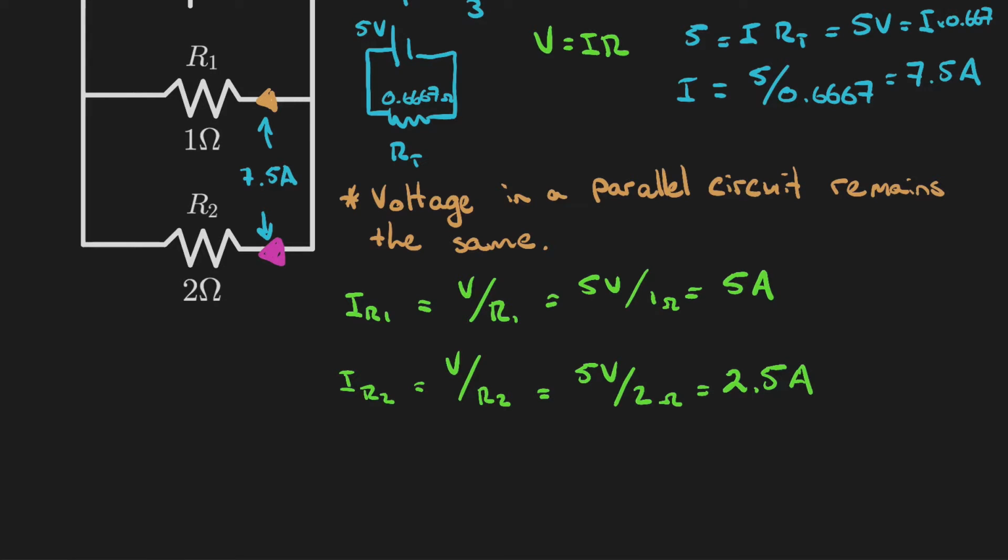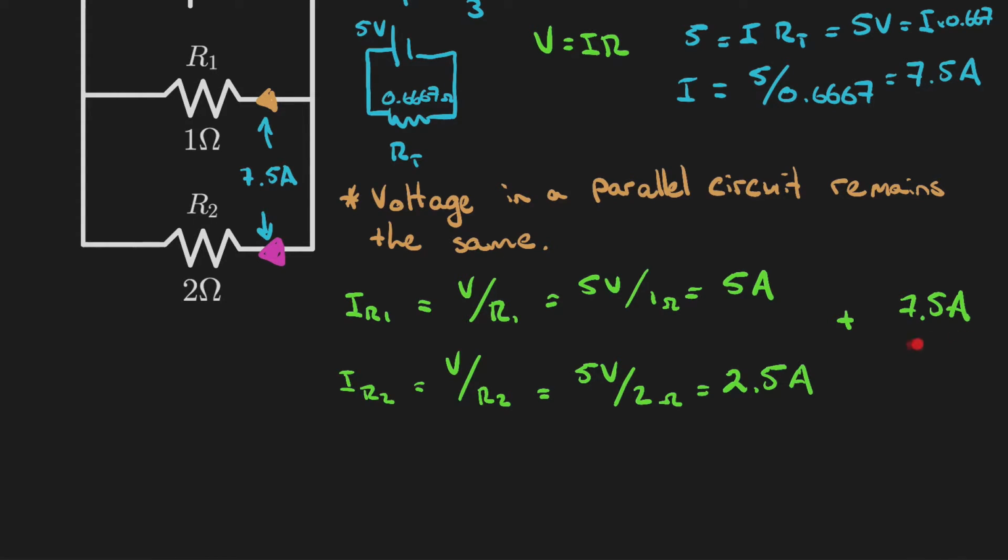Now we know this is true because we just calculated the total current for the entire circuit. So we know that we're correct because the sum of all currents, 5 amps plus 2.5 amps equals 7.5 amps.